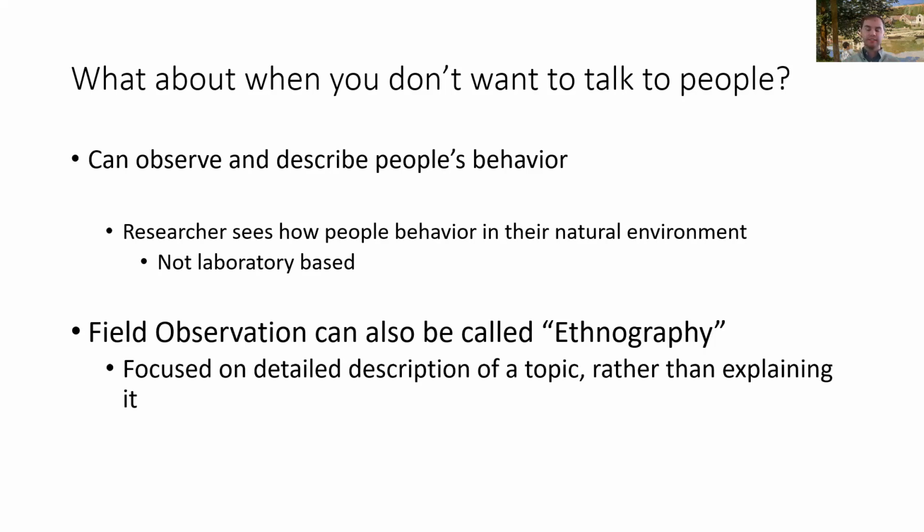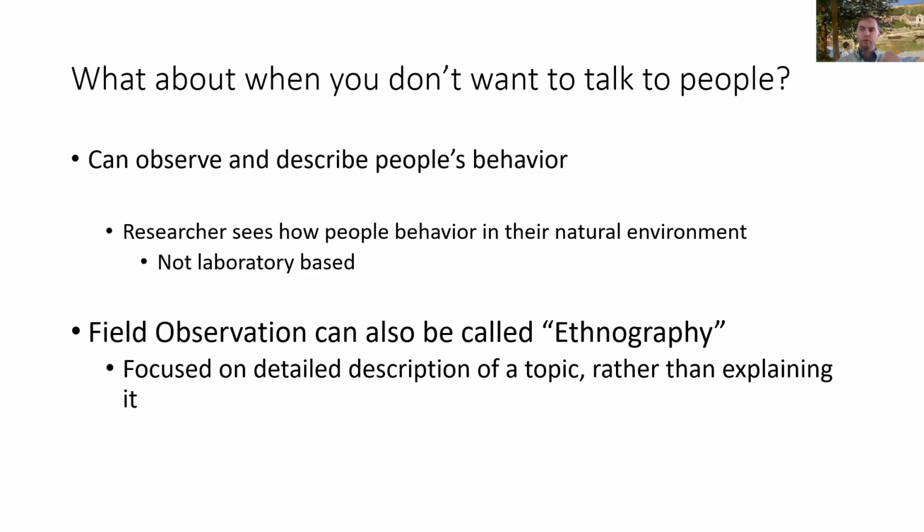This is not necessarily laboratory based, although if you're looking at more of the psychological side of social science, it definitely can be laboratory based. But social psychology is based a lot in field research. Same with any kind of ethnographic or just straight up observation study in the criminal justice system.